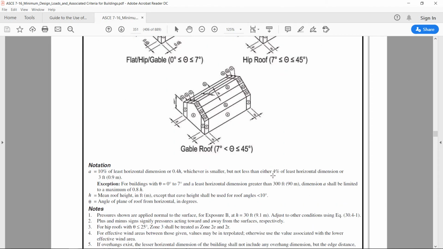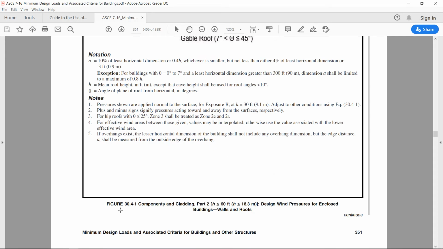So here is the figure 30.4-1, component and cladding part 2, where h is less than 60 feet. Design wind pressure for enclosed building. This is for walls and roofs.